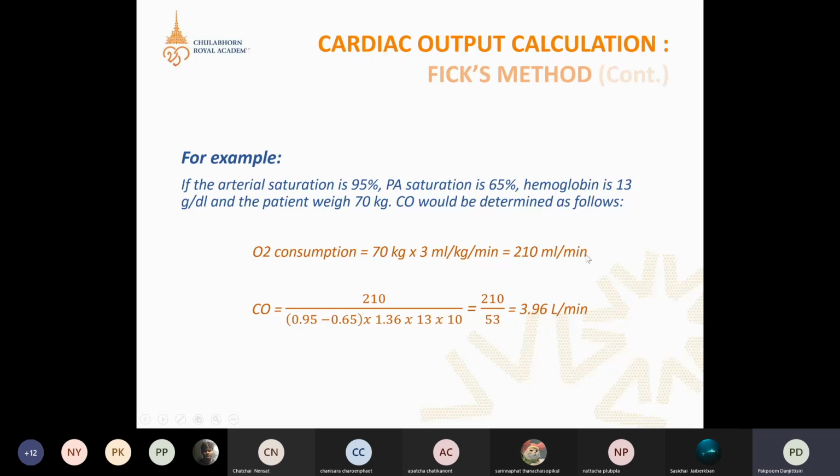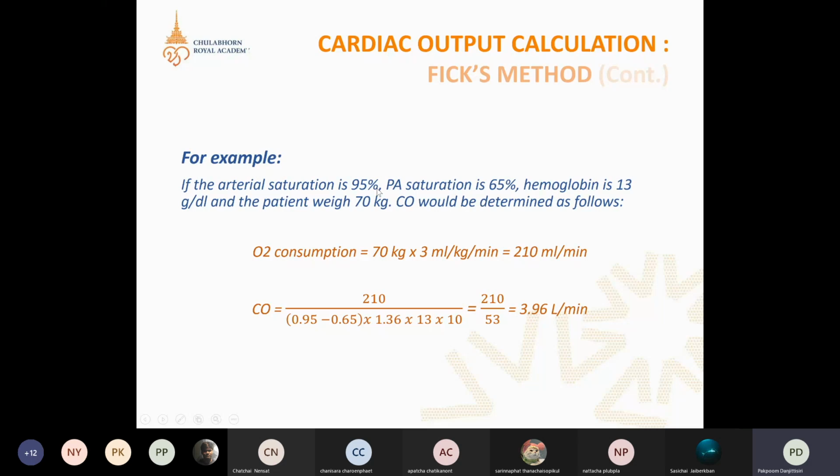After that, let's find the cardiac output. The cardiac output will equal 210 divided by the arterial mixed venous difference.